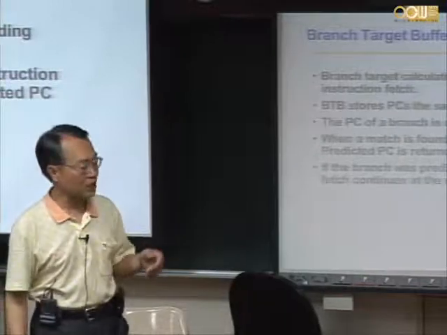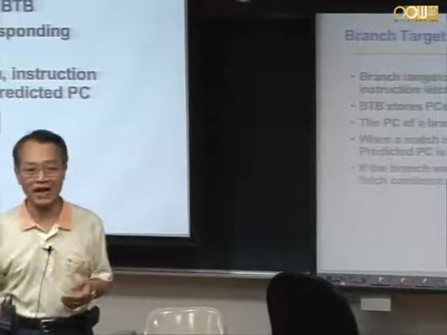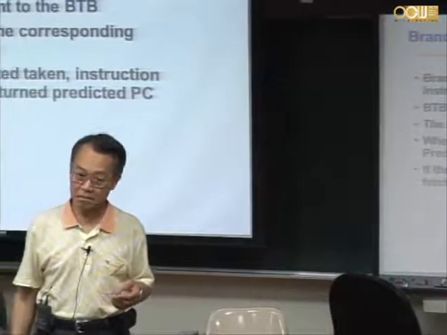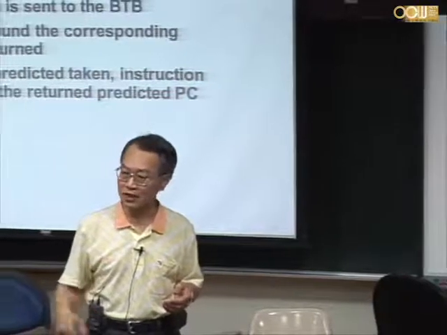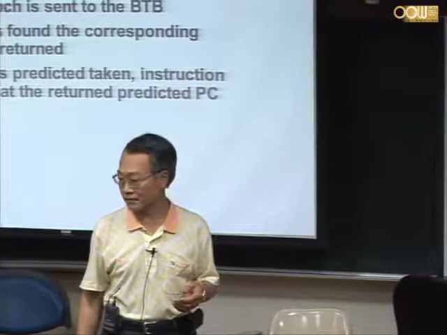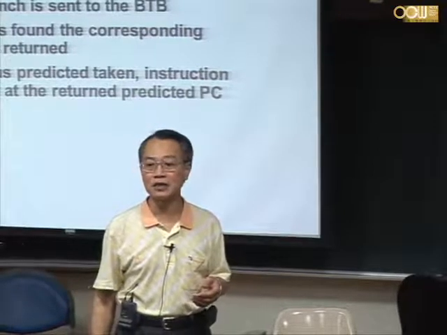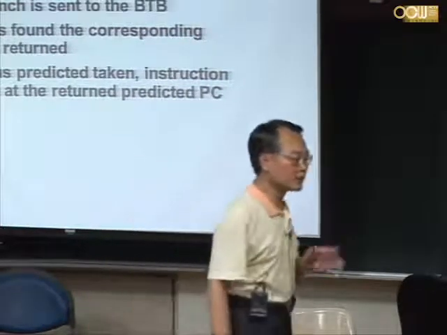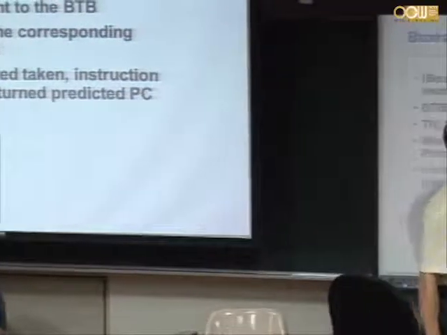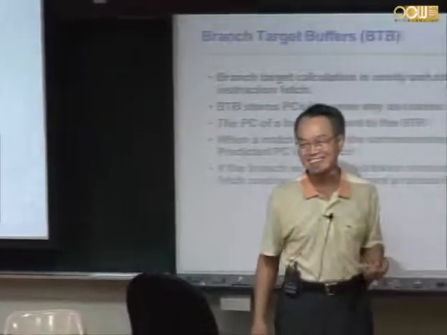Because every time this branch is encountered, you never know what the value of BR should be. So any previous record may not be useful. Then your branch prediction will be totally different. So far, I don't know how to deal with this.